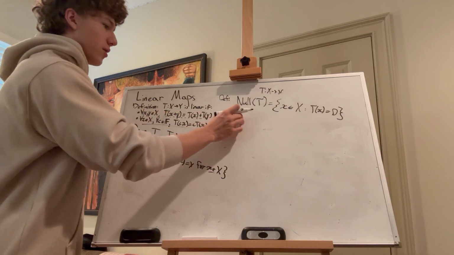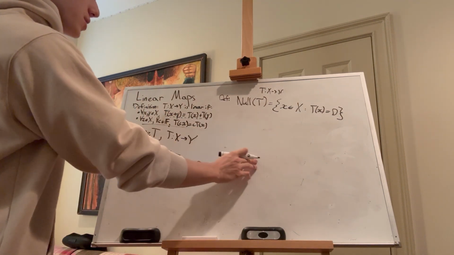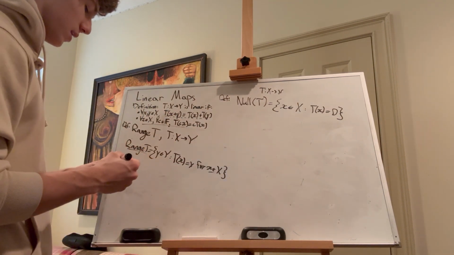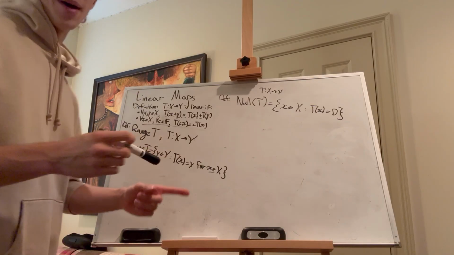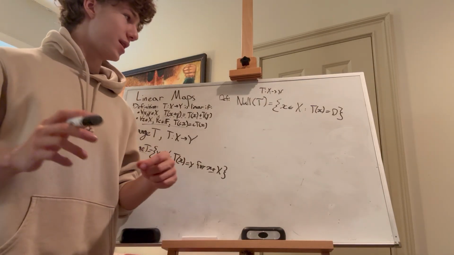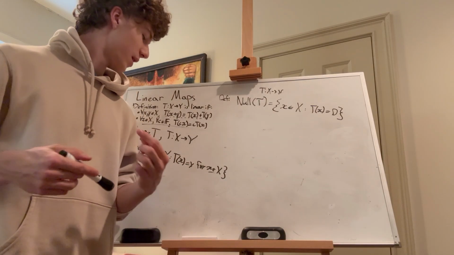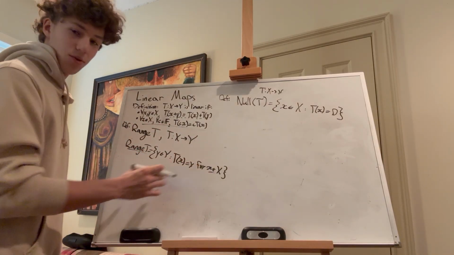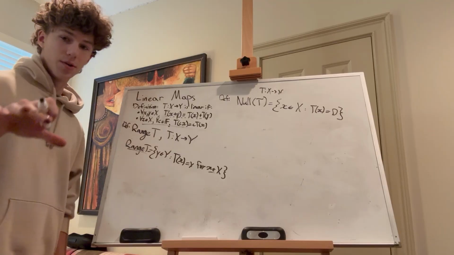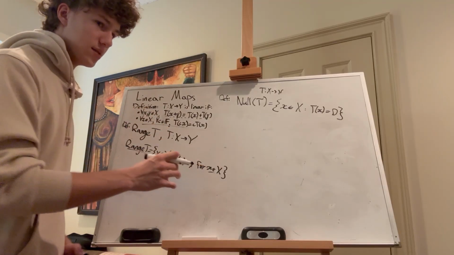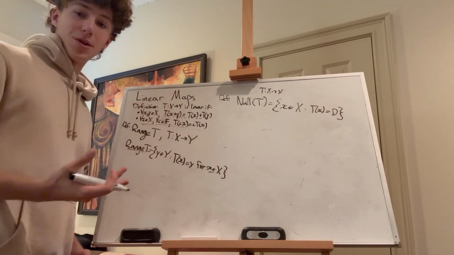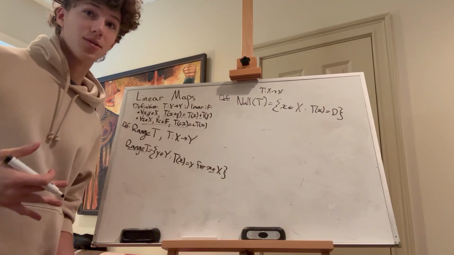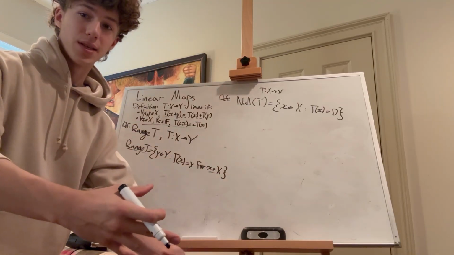But the null space is cool. It's also useful because it tells us if a linear map is injective. This thing also kind of tells us if a linear map is surjective. I'll remind you what these mean. Surjective means, I mentioned earlier that sometimes linear maps don't take up the full space that they get sent to.